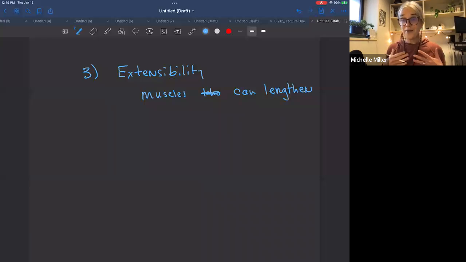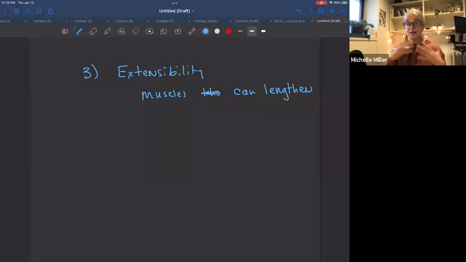So we know this because we can stretch our skeletal muscles, but even the muscles in your stomach, in order for the stomach to get larger when we eat a big meal, we have to have extensibility, right? There has to be some ability for the muscles to be pulled, and that is because of the food entering into the stomach. And so we're going to talk about how muscles can be extended.